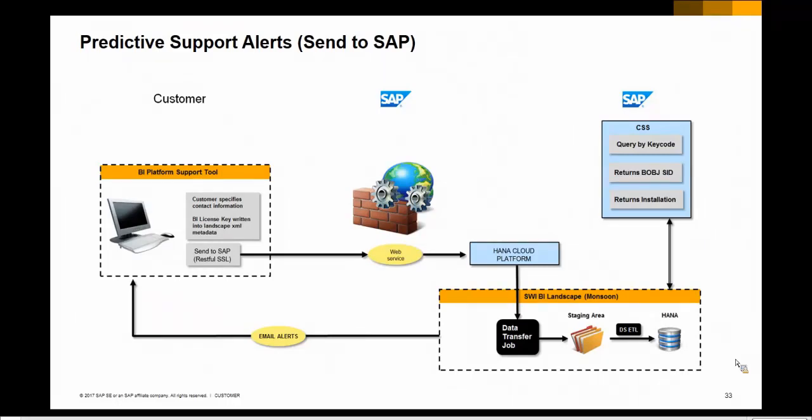Once it hits our HANA Cloud platform, the data is ETL'd into an internal BI system where we can run a number of queries to determine if you're suffering from a particular issue or might be applicable to an issue, and then we can email you back directly with the solution.